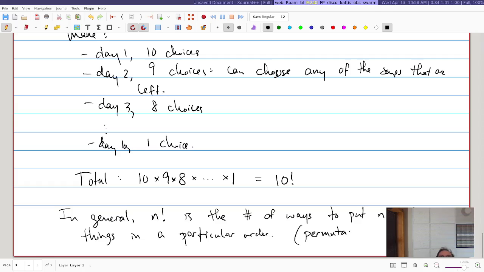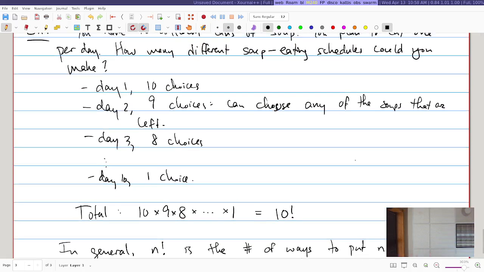So again, maybe if you've heard that word in high school or something. A permutation just means an order. So the total number of permutations of n things is n factorial. But you don't have to memorize that, right? If you know the product rule, you can do this reasoning and figure out why that's the case. Because you say, well, I have n choices for what goes first, and then n minus 1 choices for what's going to go second, and so on.